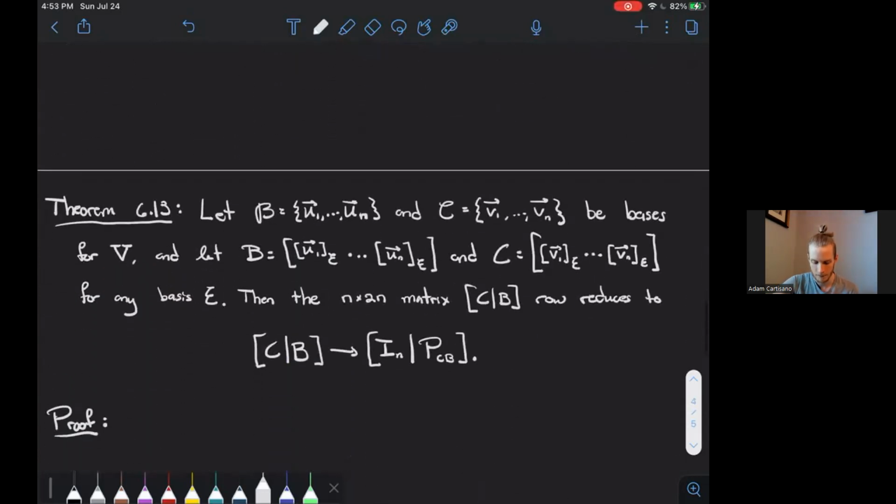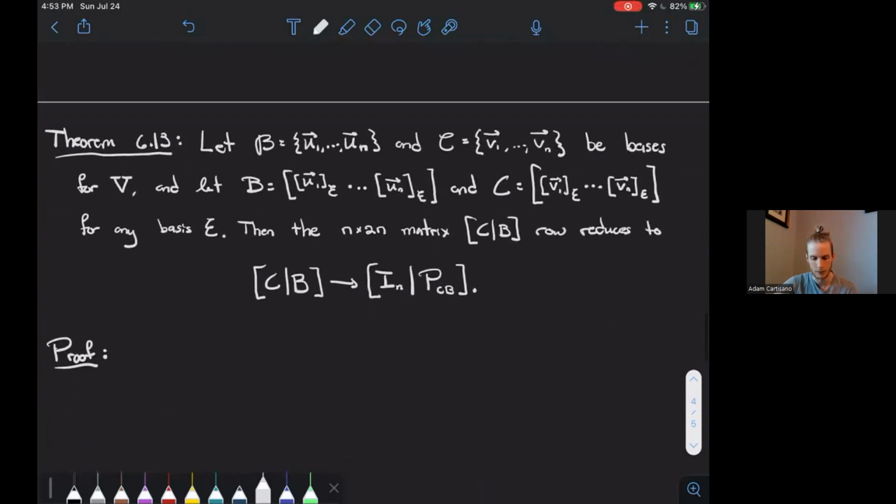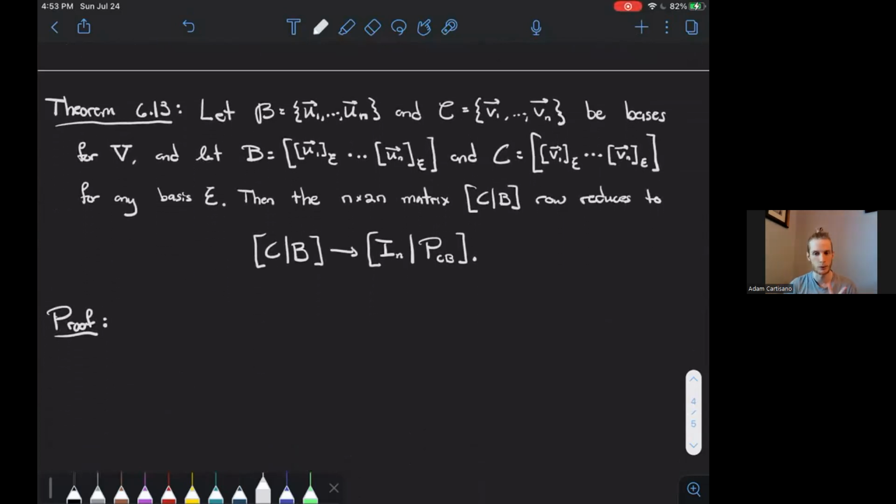So here's the theorem. It is a wonderful theorem that basically says as long as you can row reduce, you can always change between bases. Let B and C be bases for V, arbitrary.